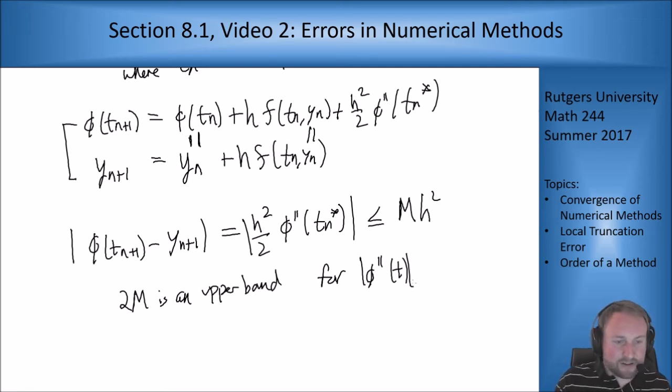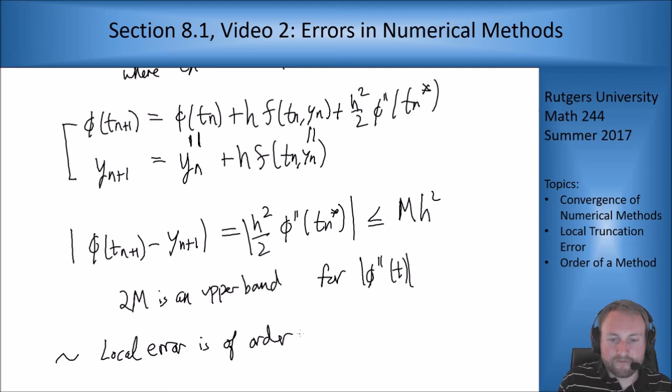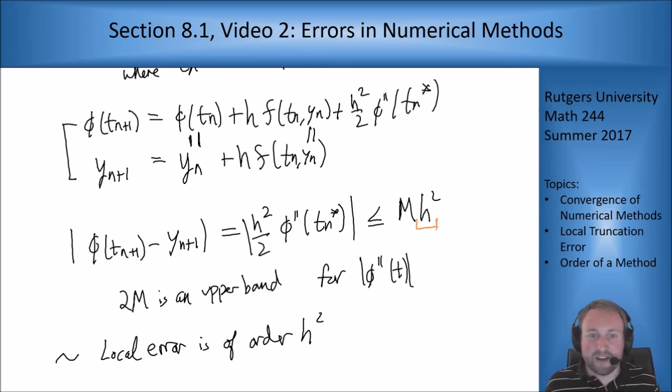So what this tells me, in terms of words, is that my local error is of order h squared. And that just came from the fact that I got an h squared out of this calculation here. It's bounded by some constant. That constant might be huge, but it is of order h squared.